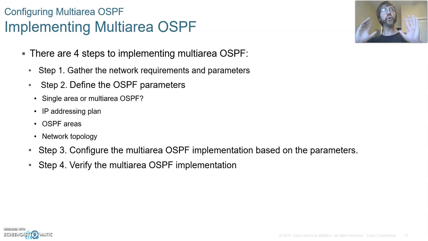Then once you know what it should look like on paper, frankly, this might be a really good step 3 before you even start on step 3. Definitely before you go to step 4, it might not be a bad idea, if you've got Packet Tracer or GNS3 in your back pocket, to model the whole network in software, virtually, and then see, okay, does this actually work?